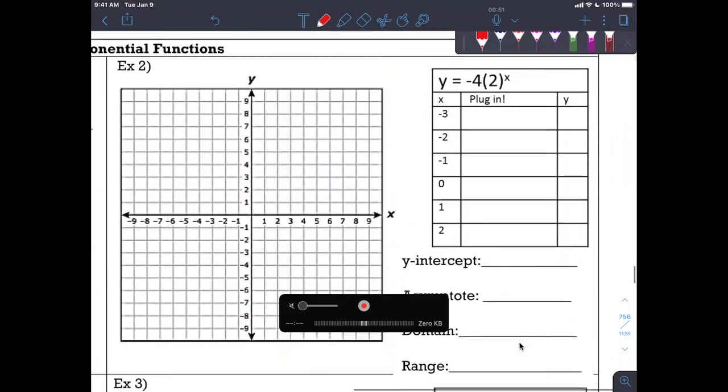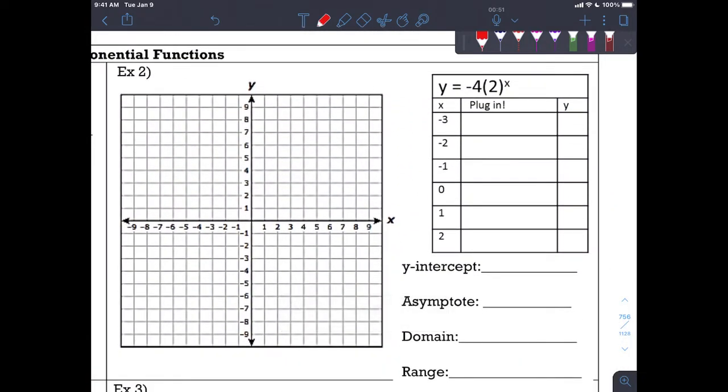Let's go ahead and take a look at another example. All right. First thing, I see -4 times 2 to the power of something. All right, so I'm going to go ahead and plug this in. So as you can see, every single time it's multiplying by 2.